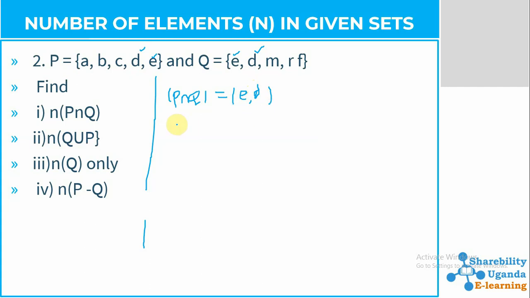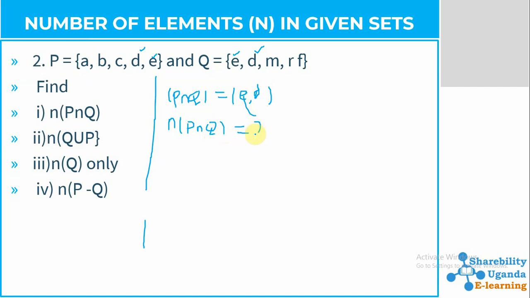So now here we want the number of P intersection Q. We shall count how many they are. We have 1, we have 2.